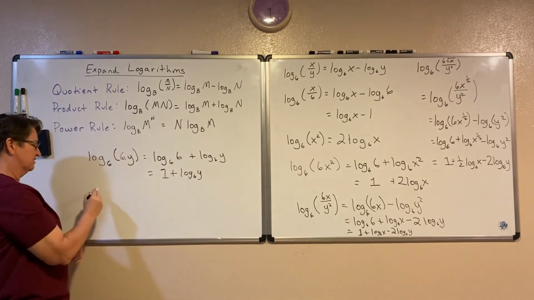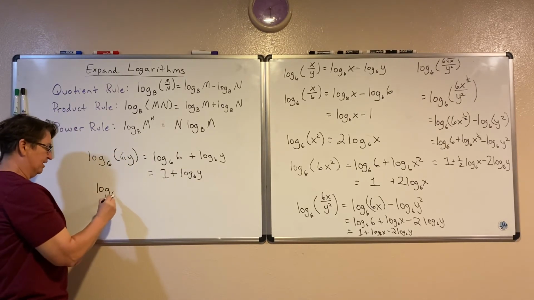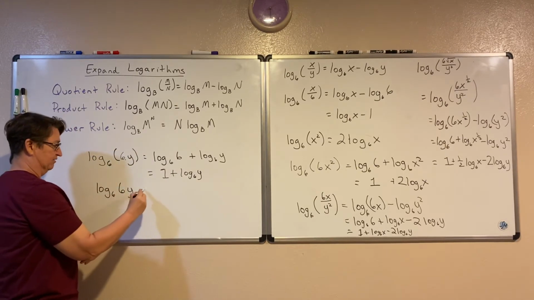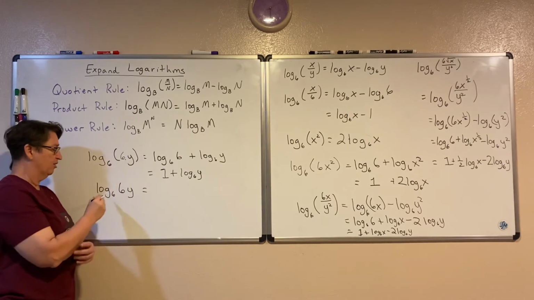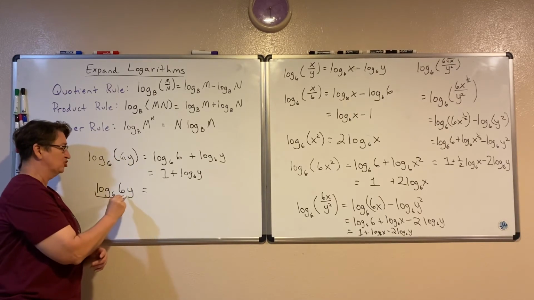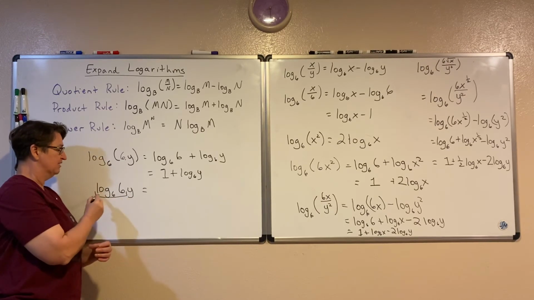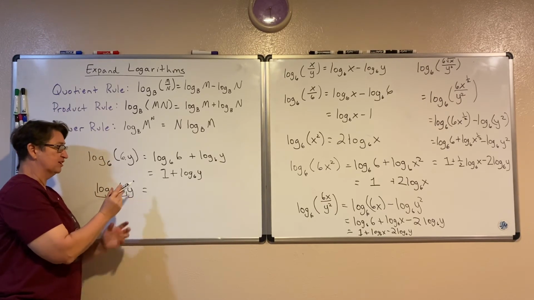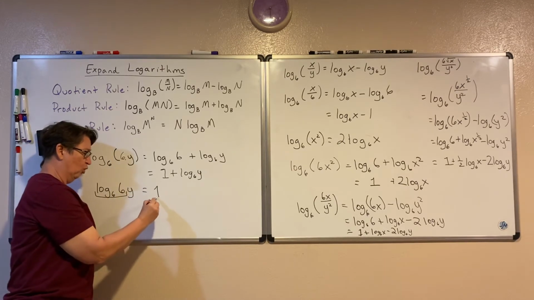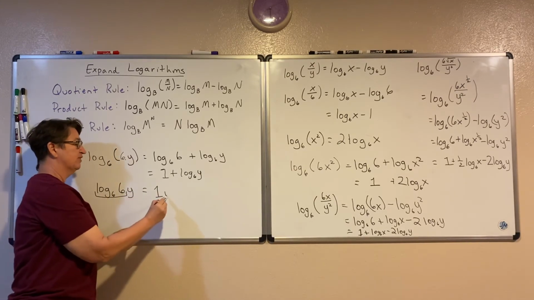Now this is something different than if I don't use the parentheses. If I don't put the parentheses there, then in my argument is just this 6. So this says log base 6 of 6, which is just equal to 1 times that y.